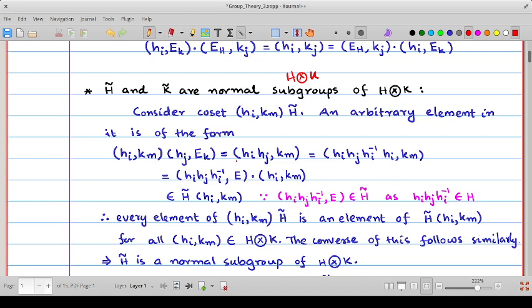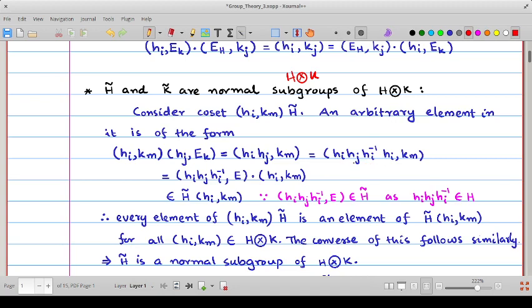But then using the product, we can see that this is equal to first Hi times Hj, so the first element, comma, and the second element is Km times Ek, which is simply Km. Then Hi Hj can be written as Hi Hj times identity, because multiplication with identity in the group H will not change the element, but the identity can be written as Hi inverse times Hi.